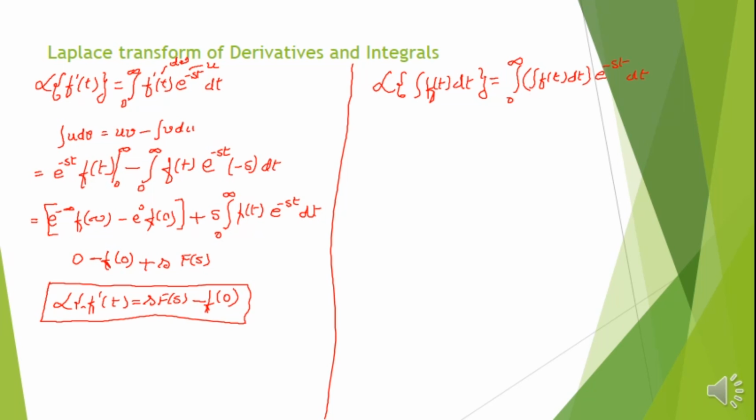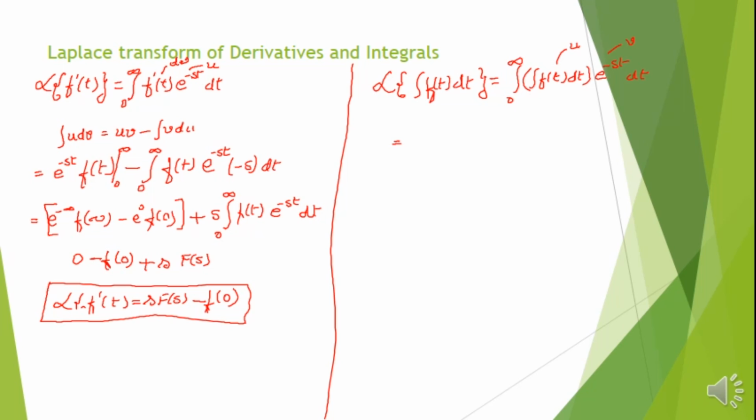Based on that, to apply this, now I will consider this as v, this as u. The reason is du comes here, differentiation of u, so differentiation of the integration is f of t. That is why I will consider this as integration. So now what happens to this? u into integration of v.